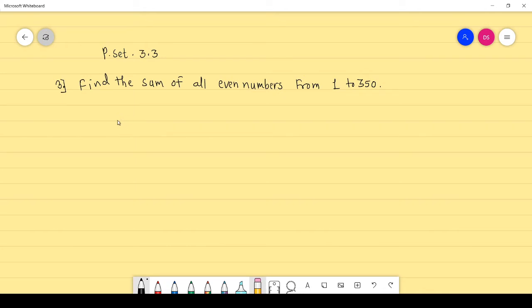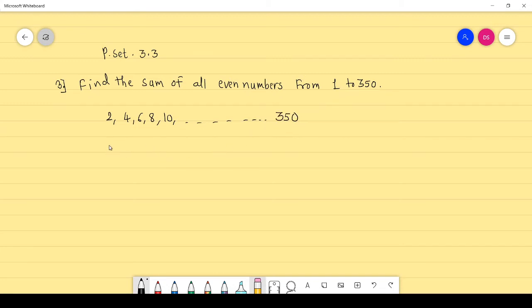So which are the even numbers from 1 to 350? 2 is the first even number, then 4, then 6, then 8, then 10, and up to 350, because 350 is also an even number.